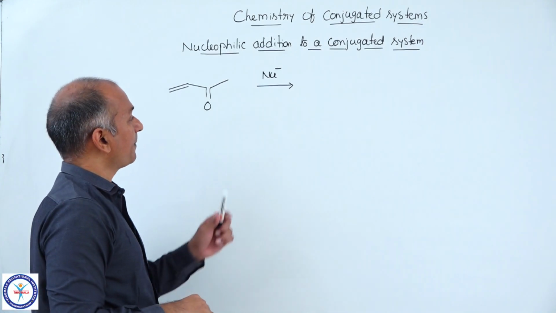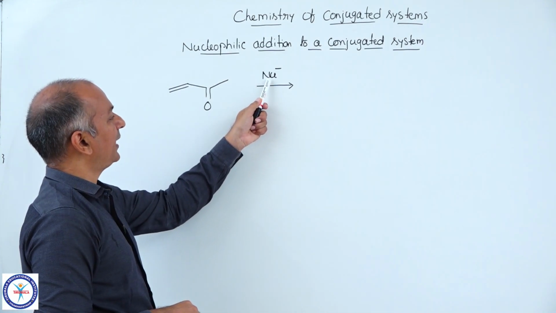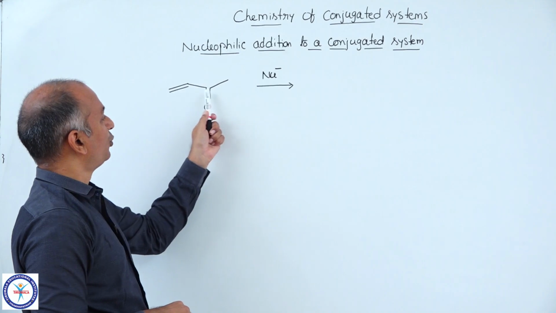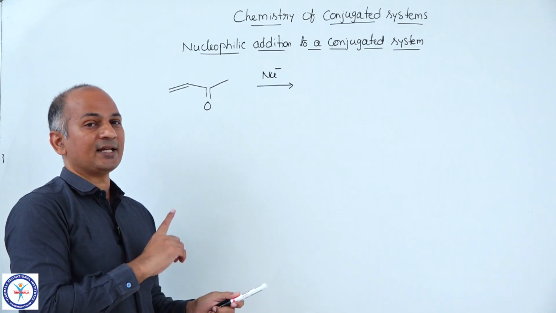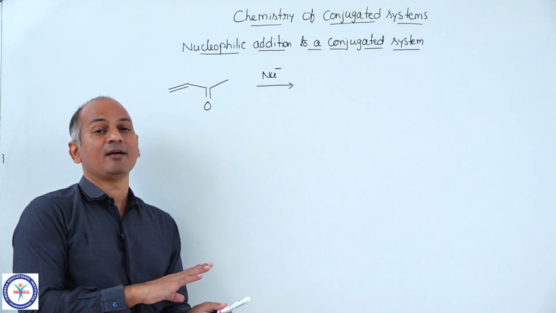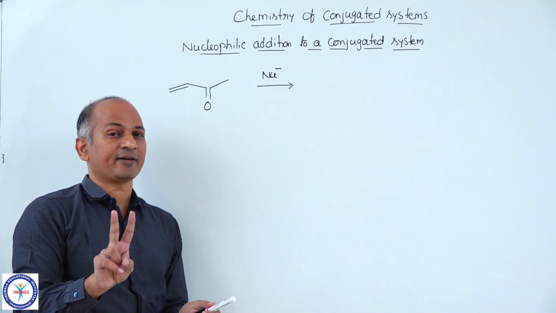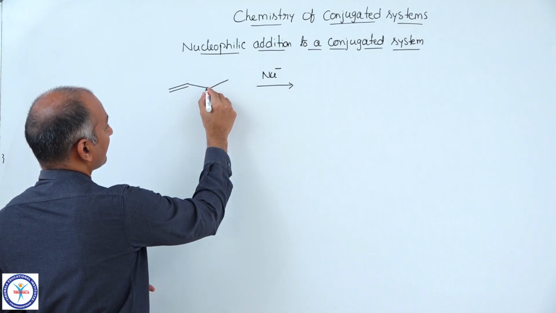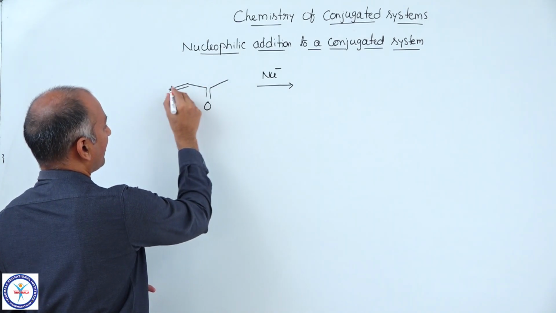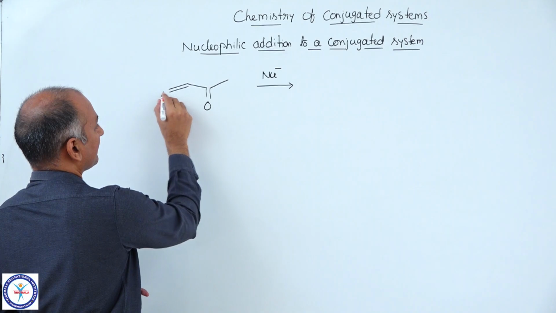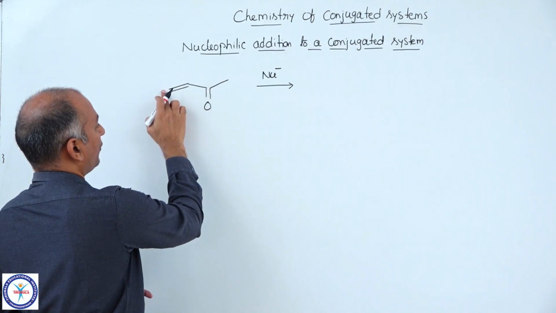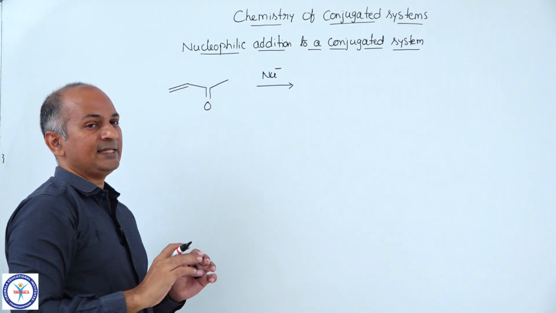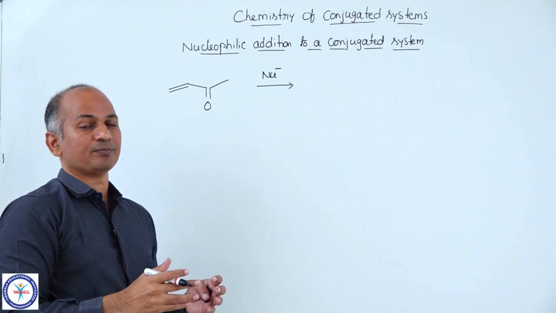First, let me tell you, this nucleophile can attack at two different places in that alpha, beta, unsaturated aldehyde or ketone. One is this place, the carbonyl carbon, and another one is this place, that means 1, 2, 3, 4, C4. One is C4, another one is C2.